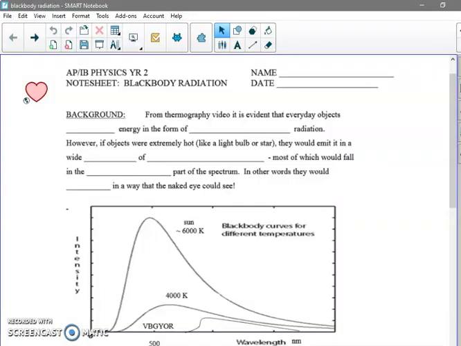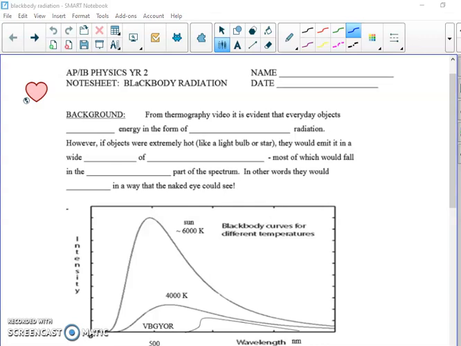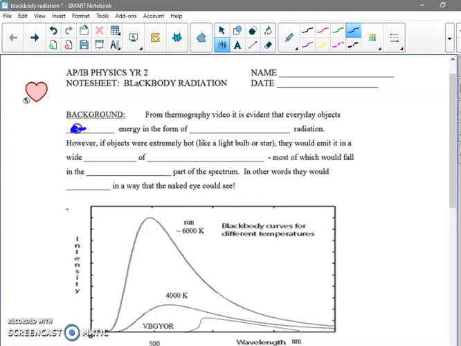Okay, so let's go back to the notes. So from the thermography, we can see that everyday objects emit energy in the form of electromagnetic radiation. In this case, I'm going to put in parentheses infrared, right? Most objects emit infrared radiation.